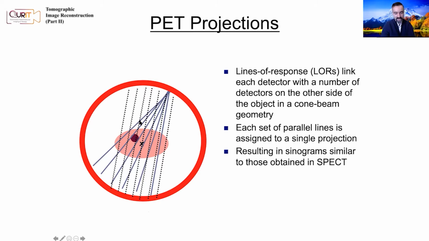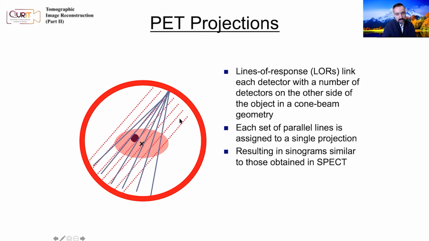But the beauty of PET is that this is all happening simultaneously. You don't need a physical collimator. Simultaneously, you're collecting data from different angles within a single scan. This detector can be receiving counts from different detectors within a single scan, and there's no need for rotation.